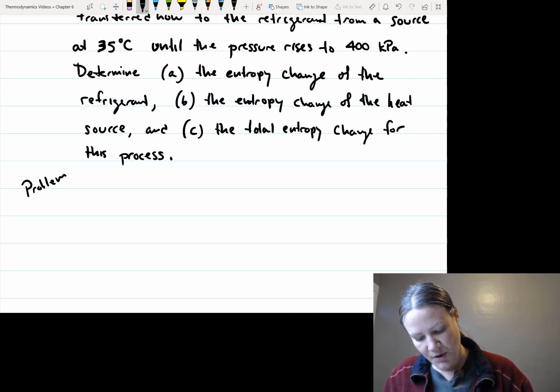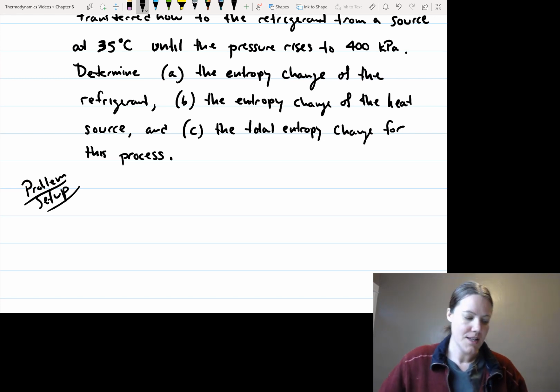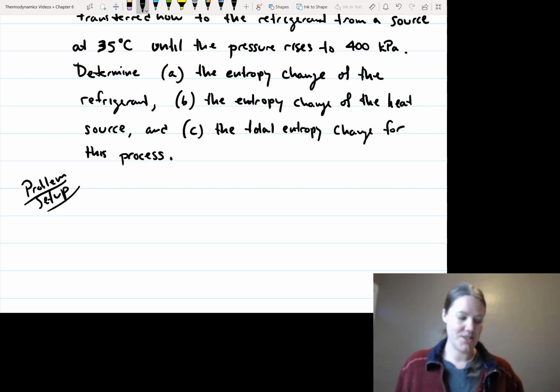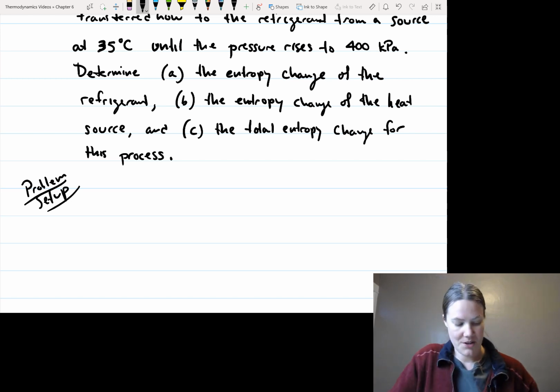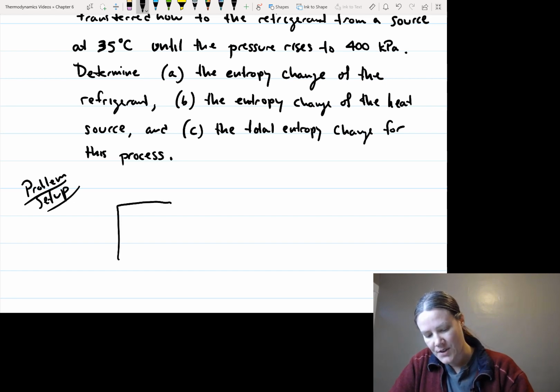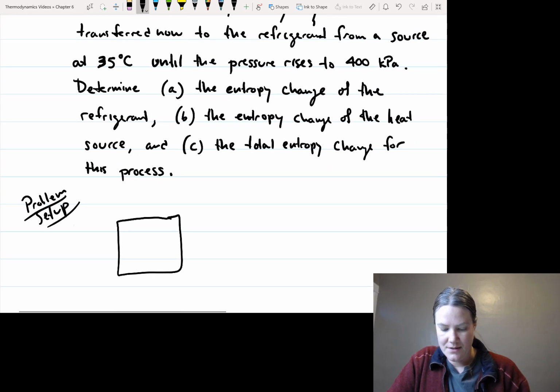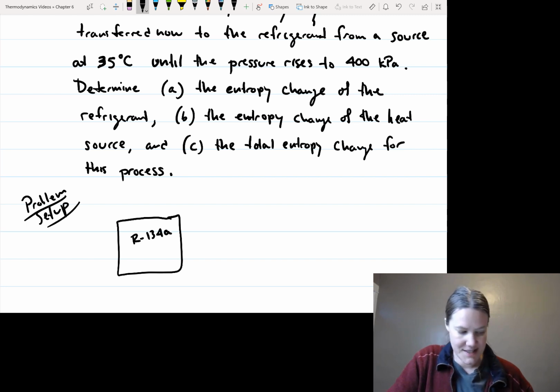I always do these problems the same. I always start with a problem setup, and that's usually just a drawing of the problem, nothing fancy, just a really basic drawing. I write down all of the information that I was given in the problem and then the information that I'm looking for. First of all, this says that we have a tank, so it's basically a closed system, and we have refrigerant inside this tank.